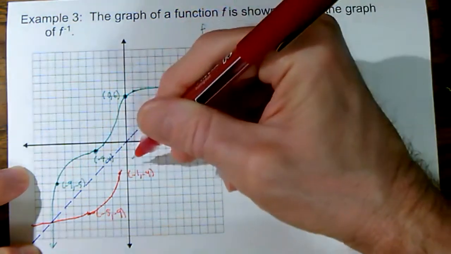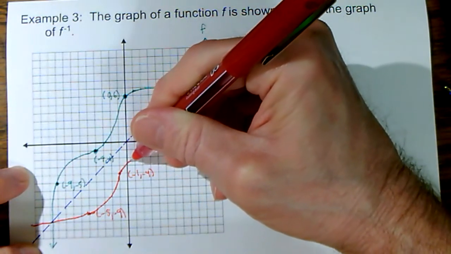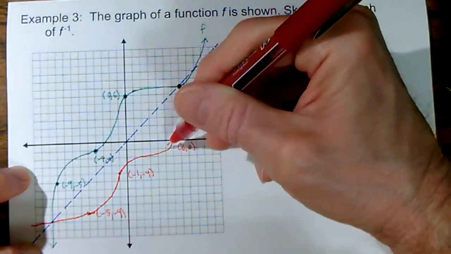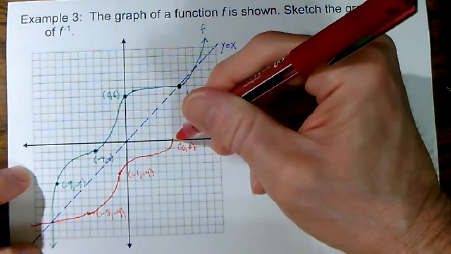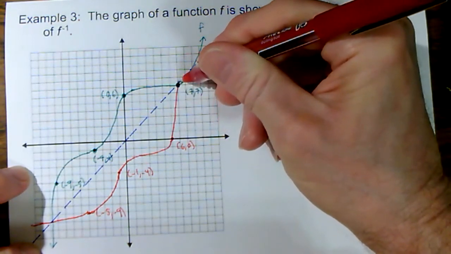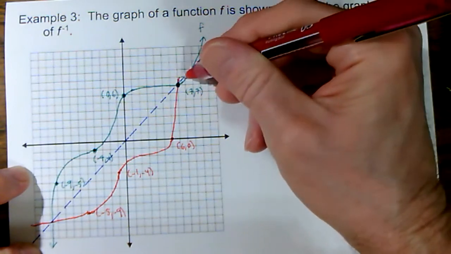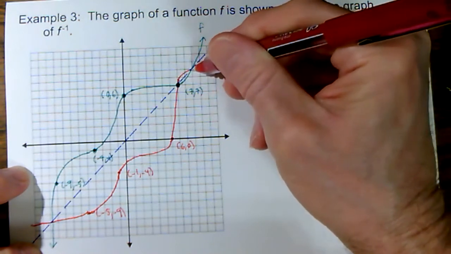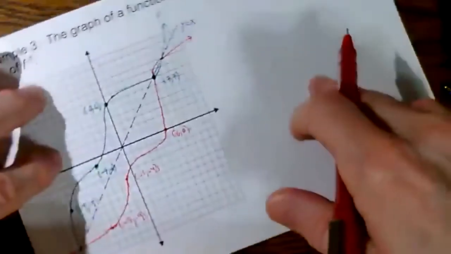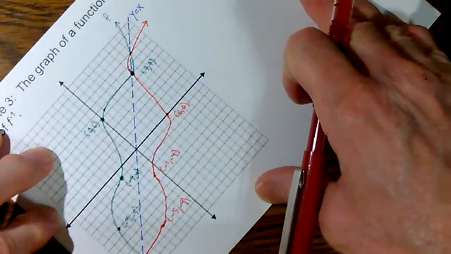Again, trying to make this look as much as I can like a mirror image. It's going to bow away and come back towards that point, just doing the best I can. Finally coming up towards the point 7, 7. Notice that the green graph crossed the line y equal x again one last time. I'll have to come in more like that. And is it perfect? Well, I don't know, but basically those look like mirror images of one another across that line.